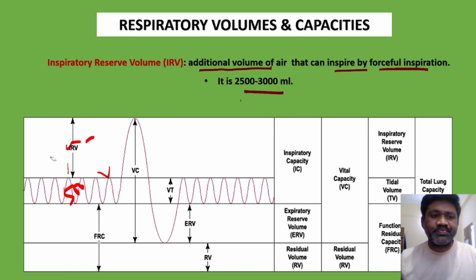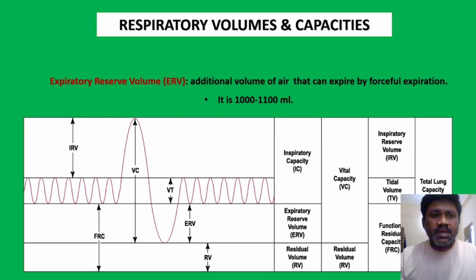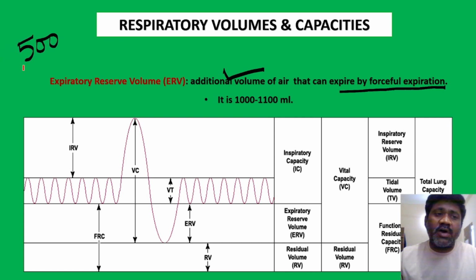Okay, now come to the expiratory reserve volume. Expiratory reserve volume means the additional volume of air that can be expired by forceful expiration. How much can we exhale? Generally, in normal conditions, we can exhale 500 ml.